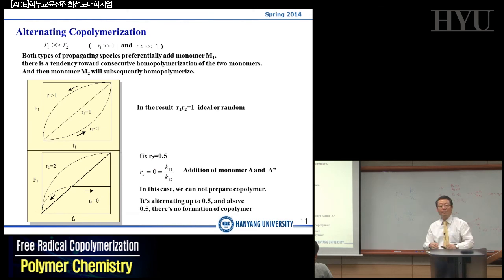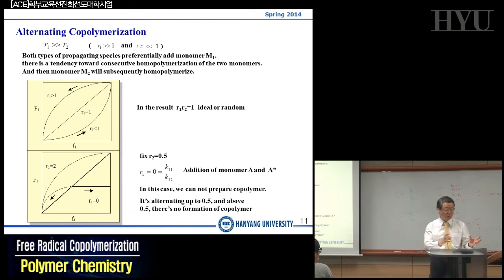So depending upon the monomer mole fraction in the feed and the magnitude of R1 and R2, at which point you terminate your polymerization reactions, you will be able to find the composition in your final copolymers. Okay?